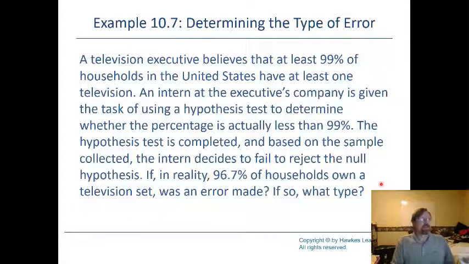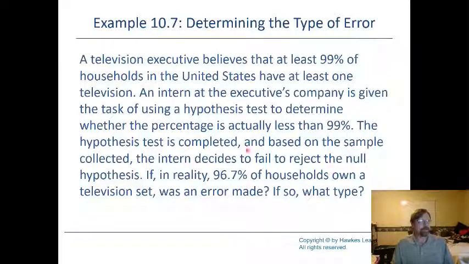Okay. So what type of error is given here? We've got a TV executive who thinks that at least 99% of the U.S. households have at least one television. And he handed this job off to an intern to come up with the statistics and prove it one way or the other.